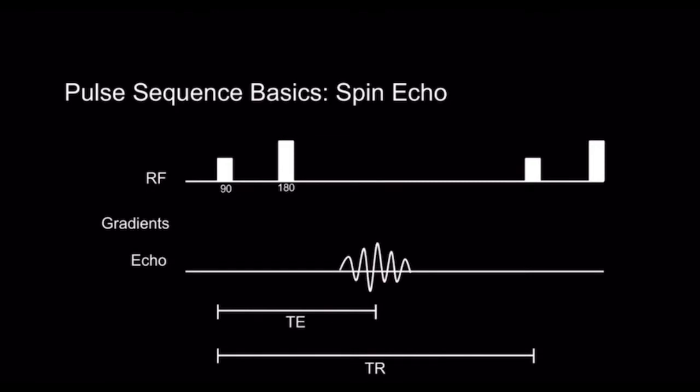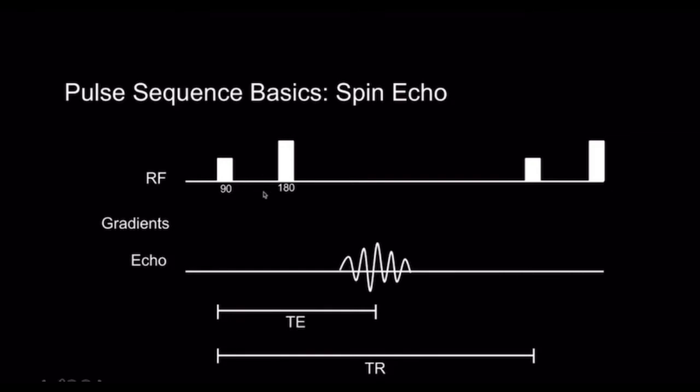Also remember that there is transverse decay due to magnetic field inhomogeneities, which we introduced when we talked about T2 star. If certain nuclei experience a lower magnetic field, they're going to precess slower than the other protons and get out of phase, which is going to result in a loss of signal in the transverse plane.